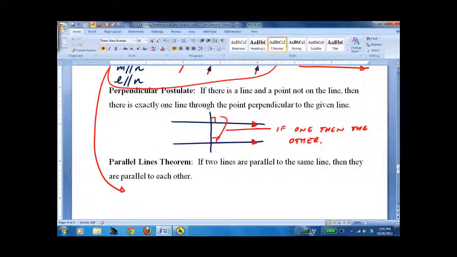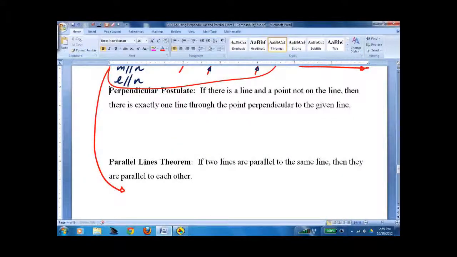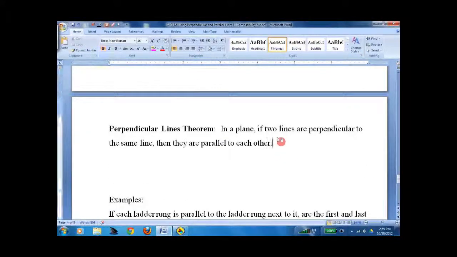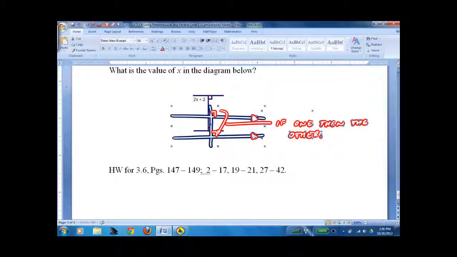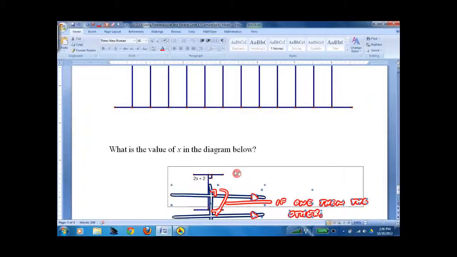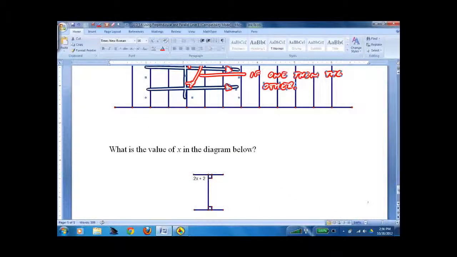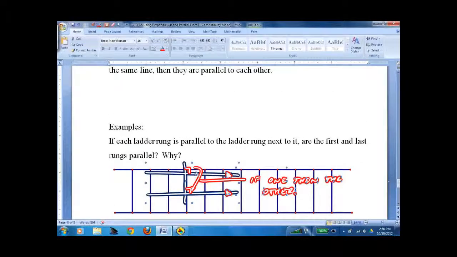And I've also jumped the gun on this one. I'm going to cut and paste it. It belongs down here. Right there.